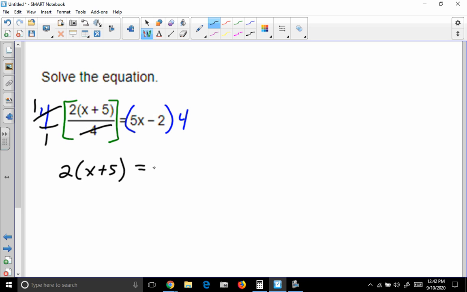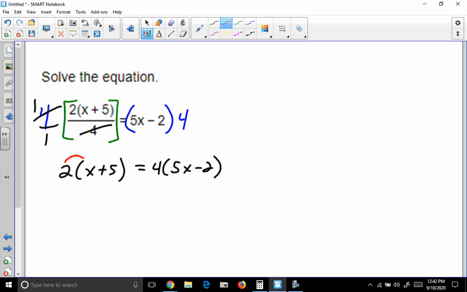On the right side, let's put the 4 first, and that's times 5x minus 2. So we made the fractions go away, not the parentheses. Now we want to make the parentheses go away.